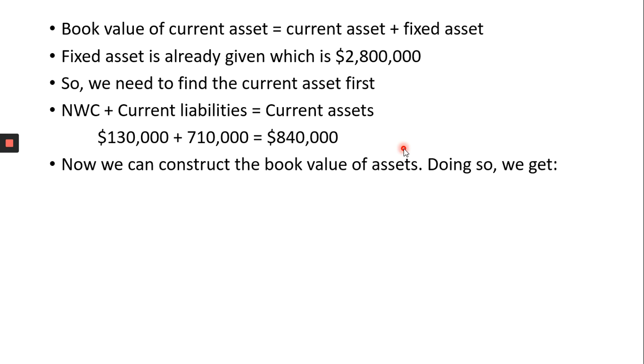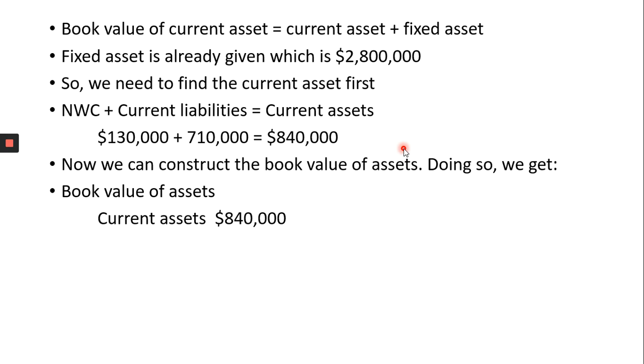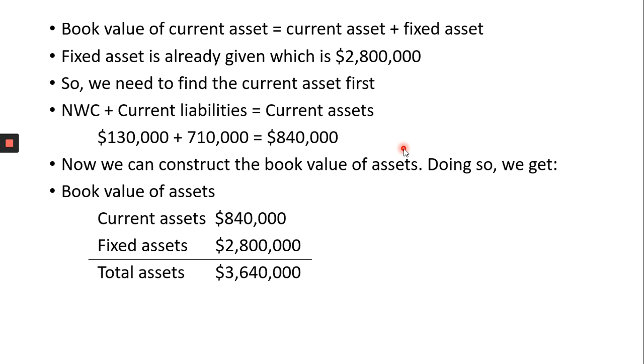We construct it from the current asset, which we have just calculated as $840,000, and the fixed asset, given in the question as 2.8 million. If you add them together, you will get a total asset of $3,640,000. So that's the book value of this company.